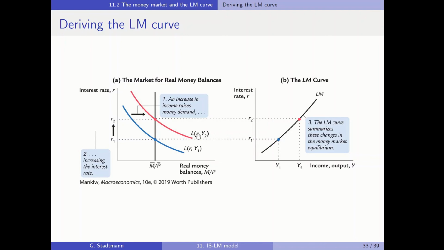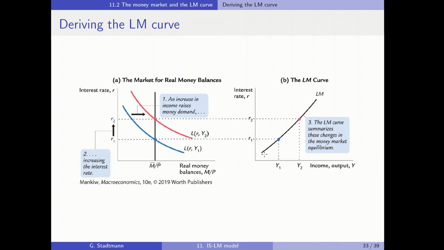Now the red money demand curve is valid, and we can see in this diagram that the interest rate increases to the level R2, and hence we have a second combination of the income level Y2 and the interest rate level R2, where the money market is in an equilibrium.